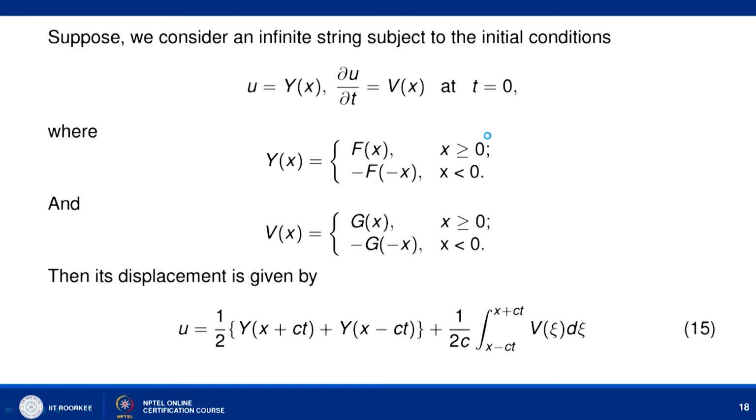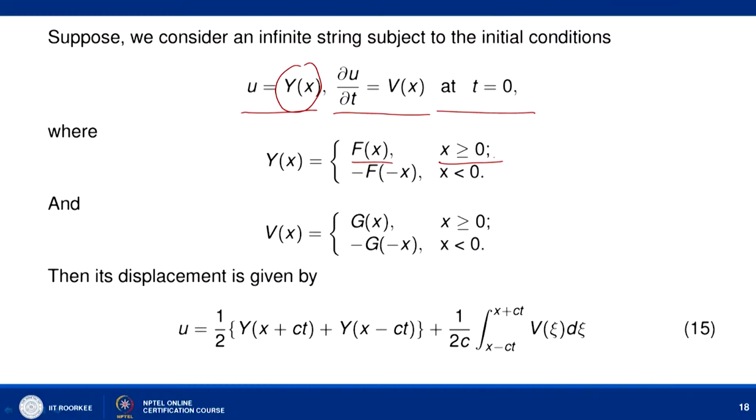Suppose we consider an infinite string where the initial displacement is given as y of x and the initial velocity is given as v of x at t equal to 0. Let y of x be equal to f of x for x greater than or equal to 0. This matches the condition already given for the semi-infinite string problem.